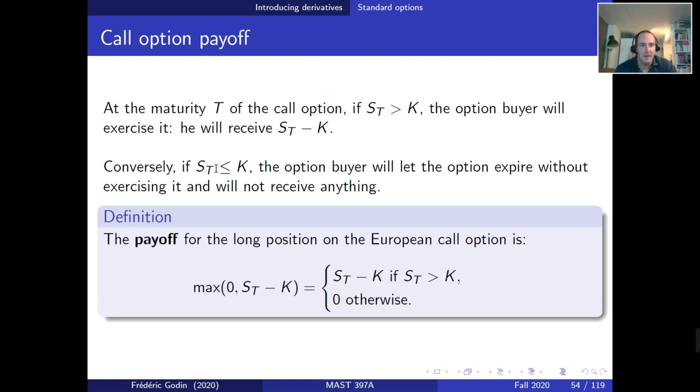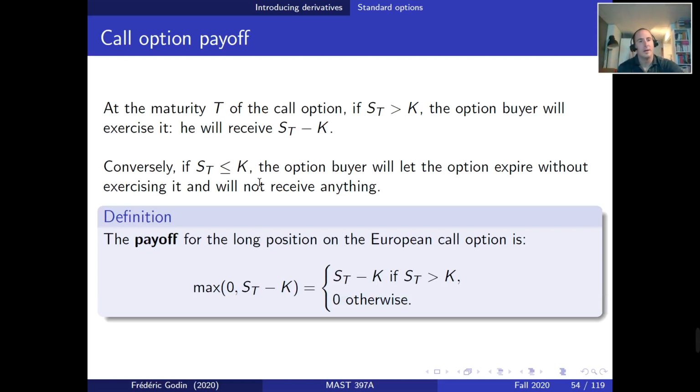Okay, you'll pay S capital T instead of paying K. So it doesn't make sense to make the exchange and pay K for an asset that is worth less than K. So in that case, if you're the option buyer, you'll decide to let the option expire without exercising it, so without enacting the exchange between the underlying asset and the strike, so you will not receive anything.